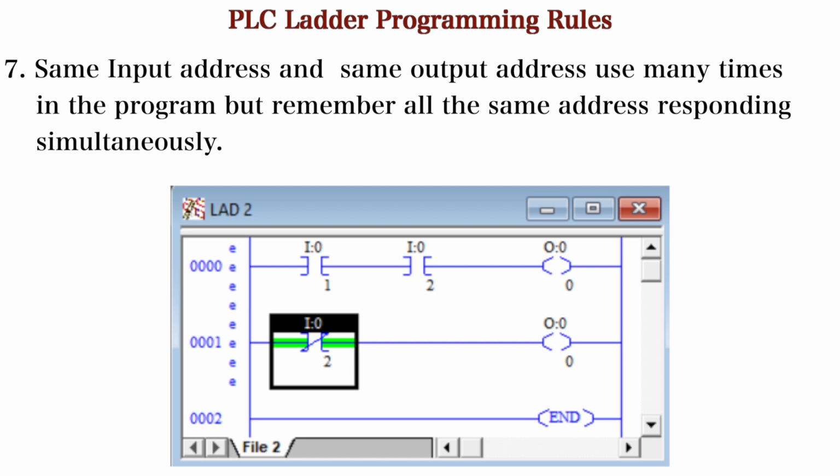If it is a green line, it means it is active or you have given the high input to it. So if you have given the high input to any of the switches, all the other switches in the other rungs having the same address will also respond, or will also get 1, or will get activated. Clear? Or will change its state, you can say in clearer words.